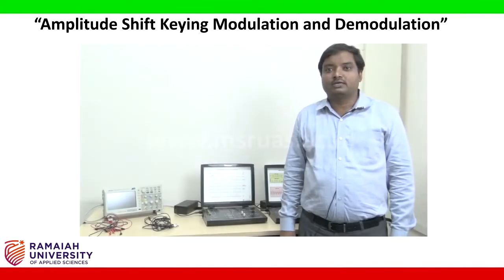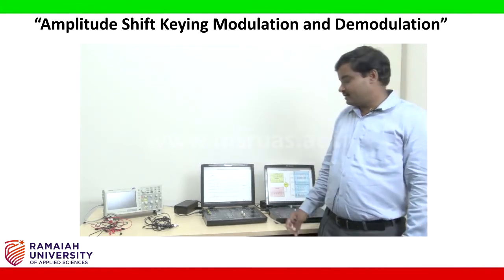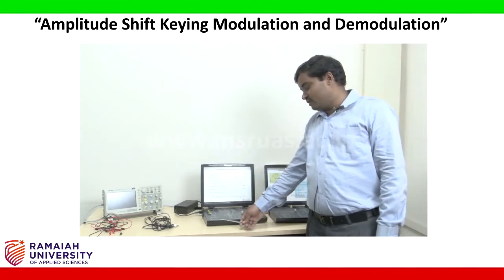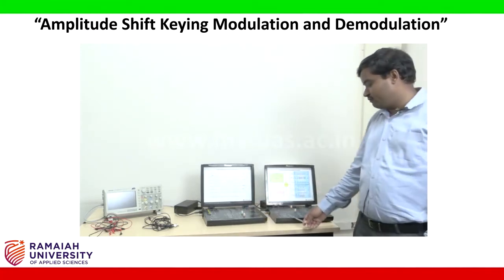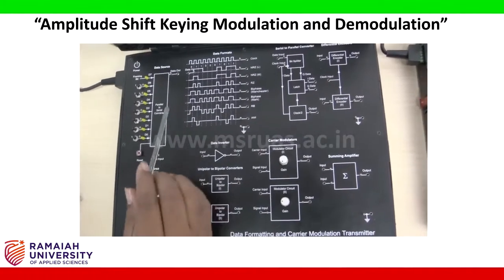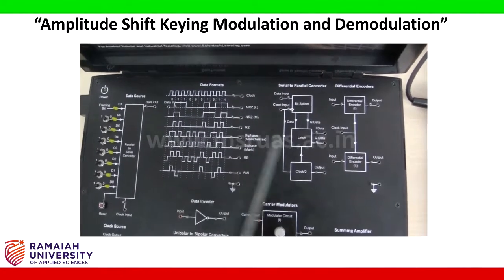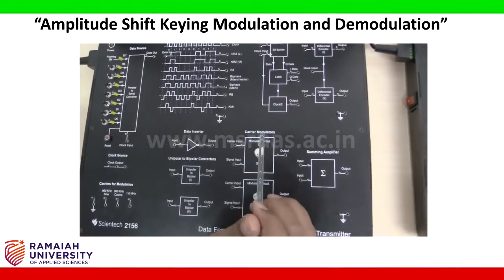Hi students, the current experiment is amplitude shift keying, modulation and demodulation. Apparatus required are Syntec board 2156 and Syntec 2157. In Syntec 2156, we have line coding schemes. We take one of the line coding schemes and feed it to the carrier modulation.